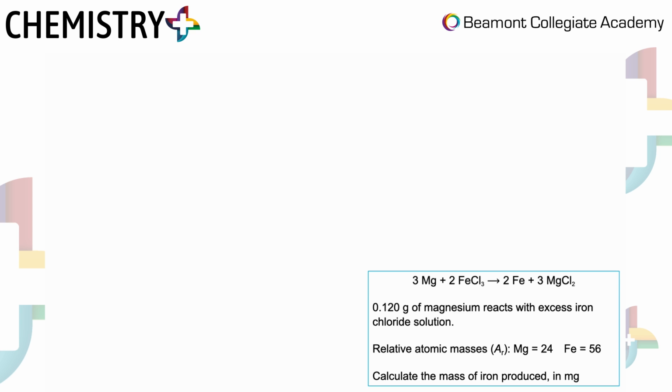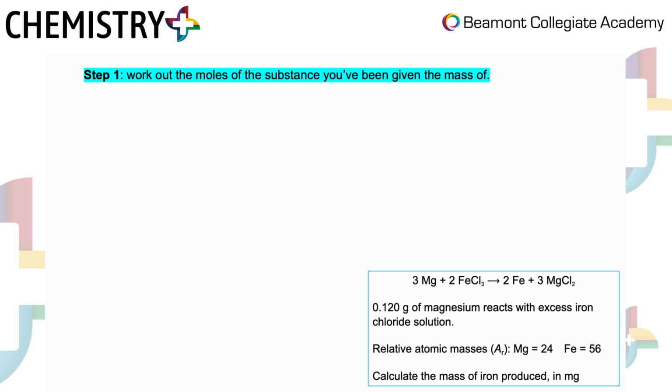So again, always important that you keep referring back to the information provided, the equation, the masses, the relative atomic masses, and what they actually want you to calculate. So step 1, work out the moles of the substance you've been given the mass of. So we've been given the mass of the magnesium, therefore I worked out the moles of magnesium.